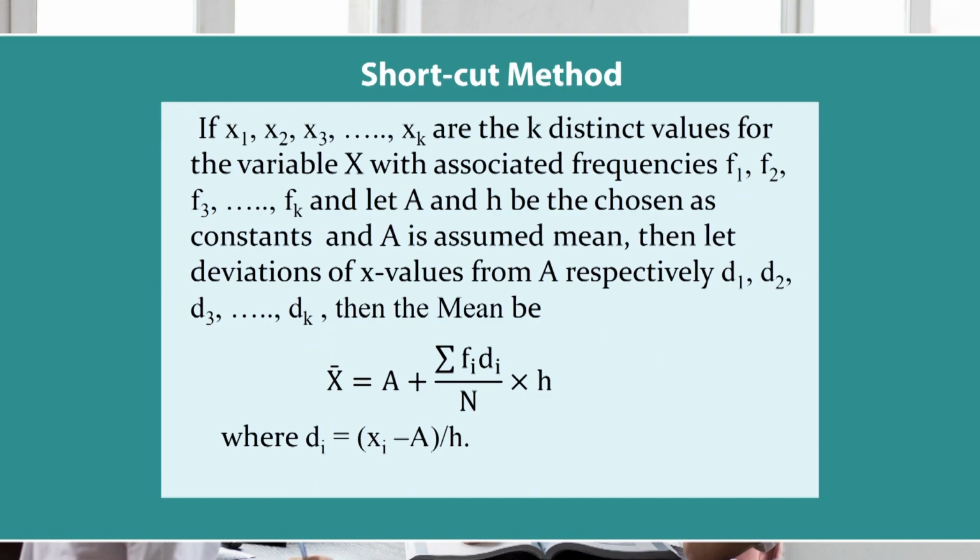These are denoted by d1, d2, d3 up to dk, the deviations of x1, x2, x3, up to xk from A. Then we take the total of fi di, that is the product of the deviations with the corresponding frequencies, and divide by capital N multiplied by h.